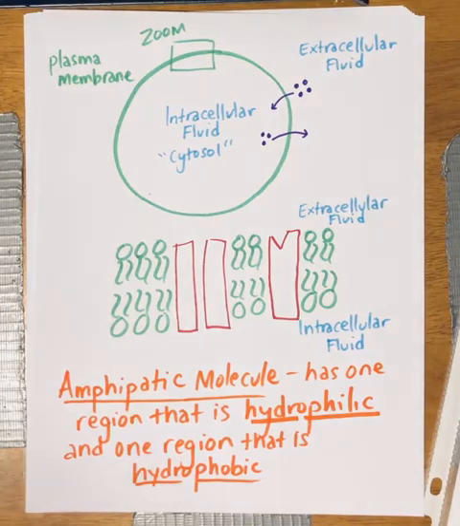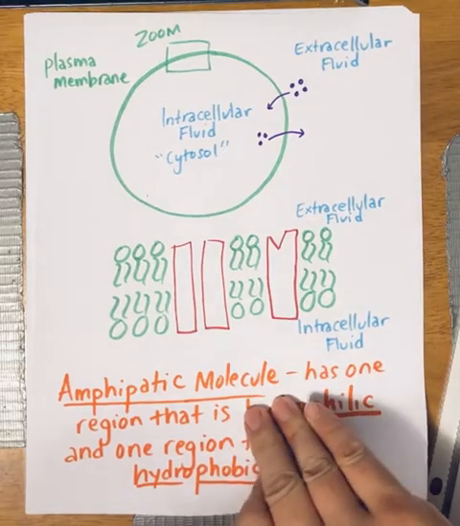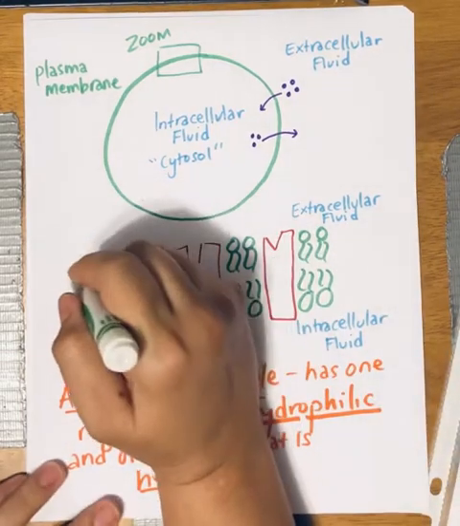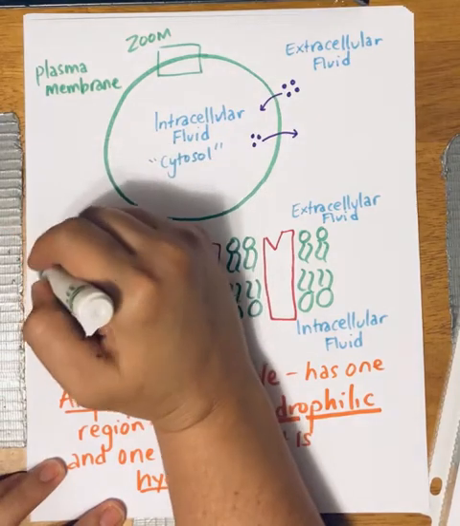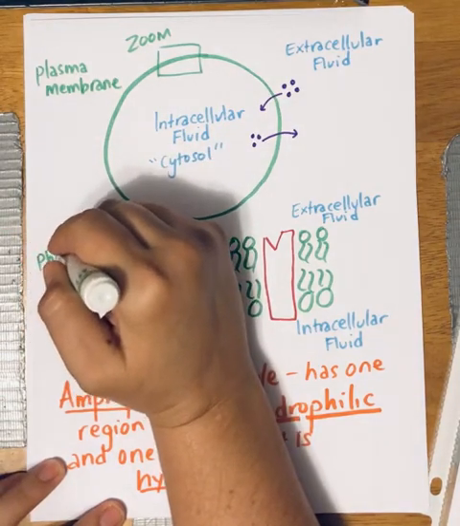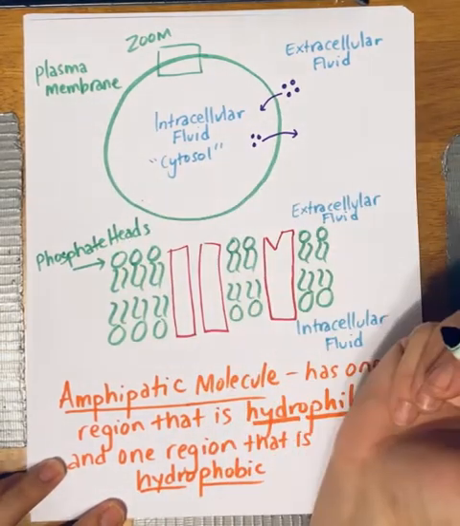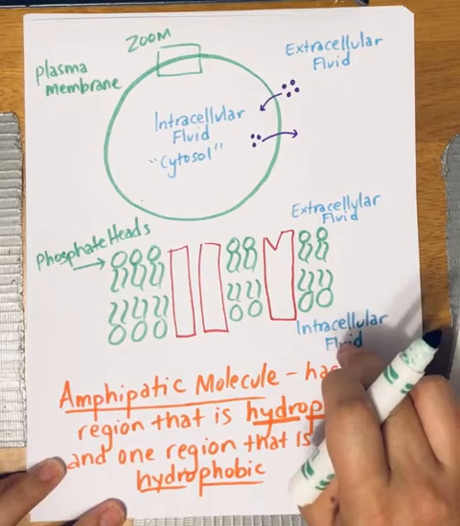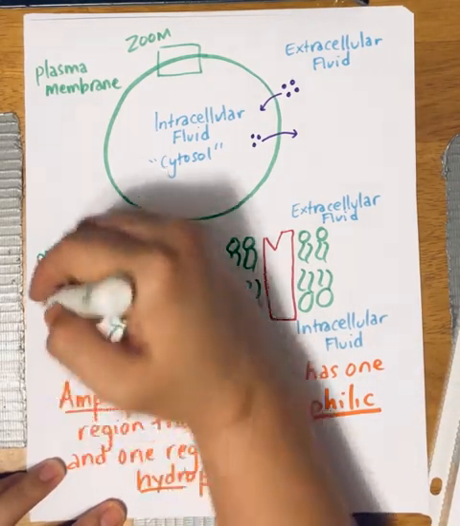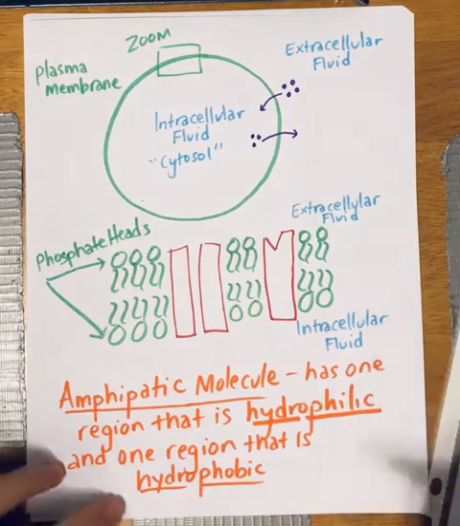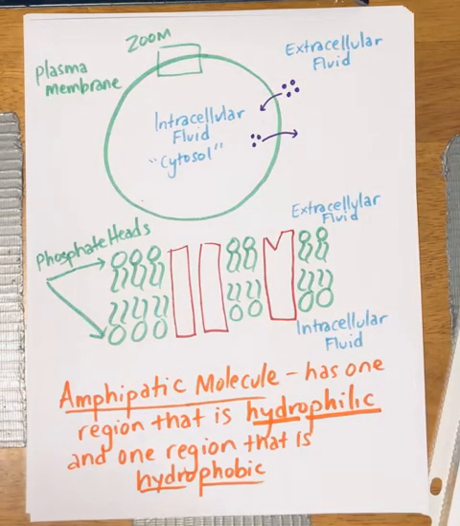So a phospholipid is what we call an amphipathic molecule. The phosphate heads love water. So those are hydrophilic. They love water.